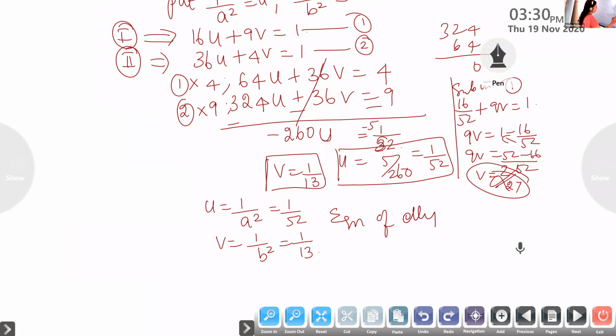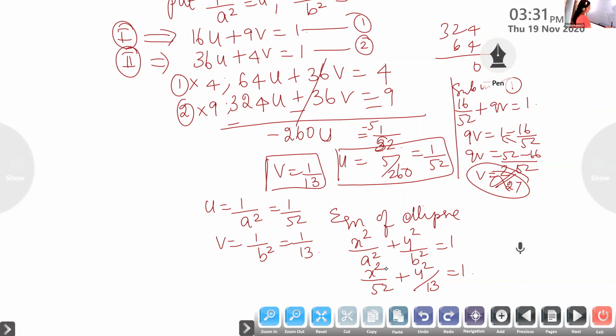So that is x square by 52 plus y square by 13 is 1. Is it correct? Okay, so this is the equation of the ellipse: x square by 52 plus y square by 13 is equal to 1.